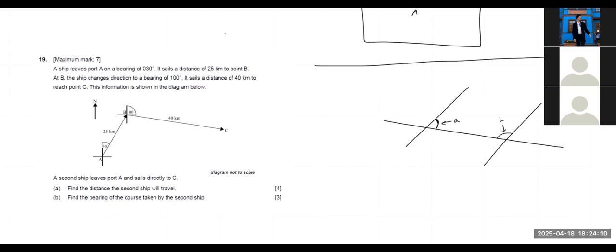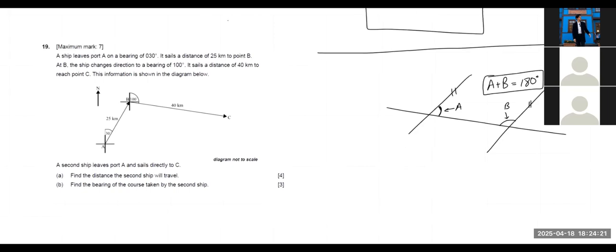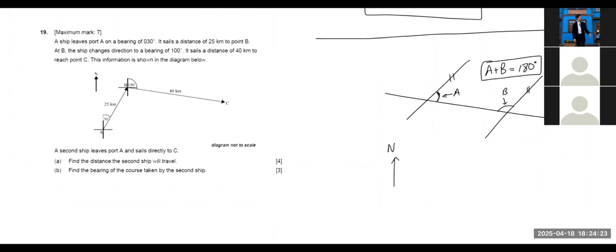So angle A plus angle B will always add up to 180 degrees. This rule is extremely useful for bearings because bearings questions have a bunch of north lines in them, and every north line is parallel, which means that if you have a line, then this angle and this angle must add up to 180 degrees.